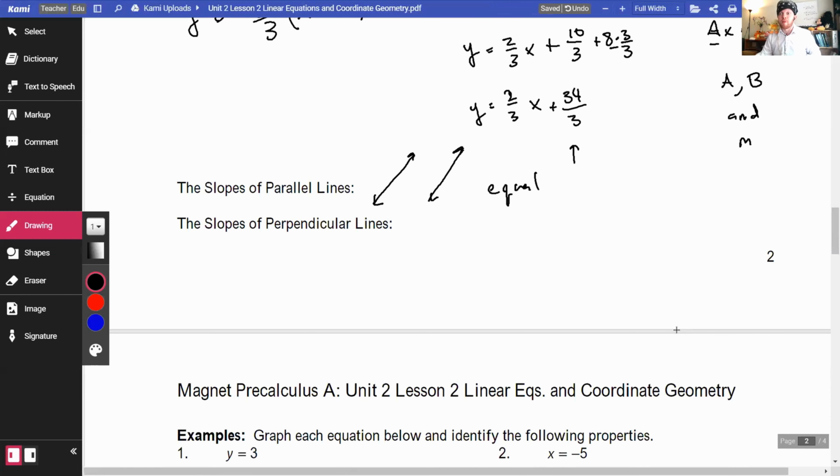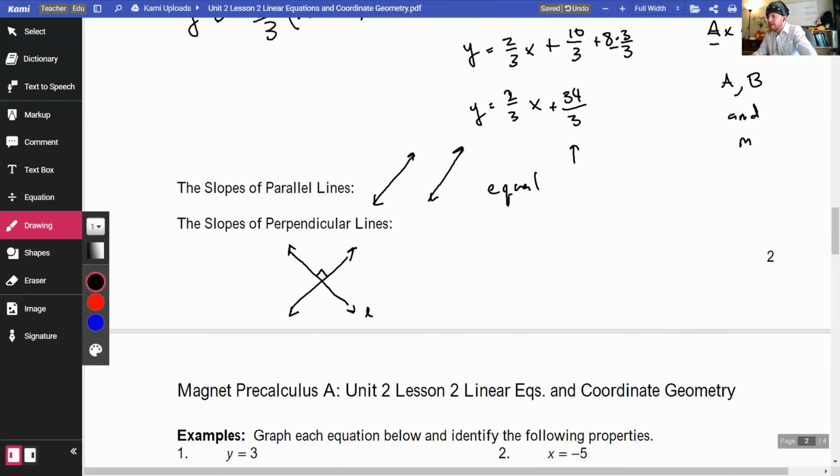How about the slope of perpendicular lines? Perpendicular lines do not have equal slopes, they have slopes that are reciprocal and negative. I have a line L and a line M. Once again, M is a bad letter to choose.